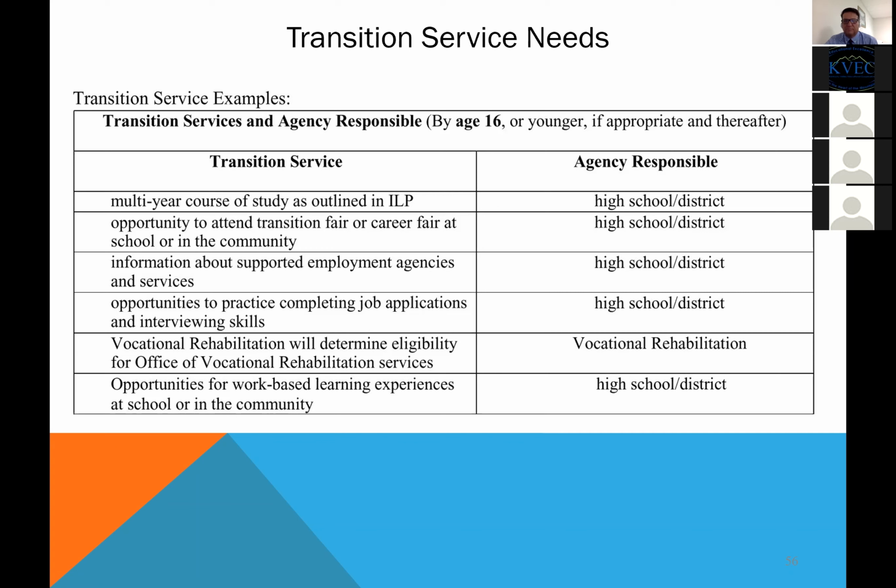Now, normally they will not come in until their senior year. They'll come in as a group and talk to a whole group at one time, just to determine if they're eligible for OVR services. And we need to document that in our conference summary as well.